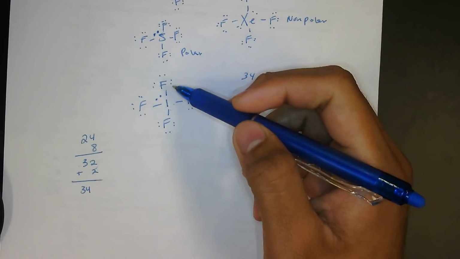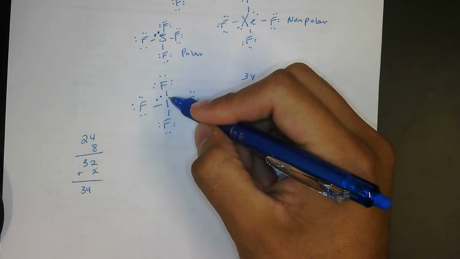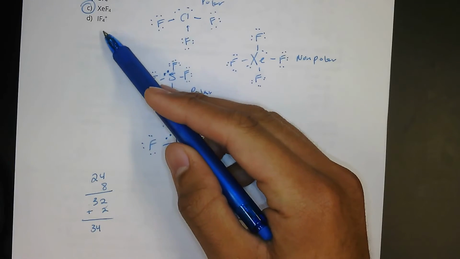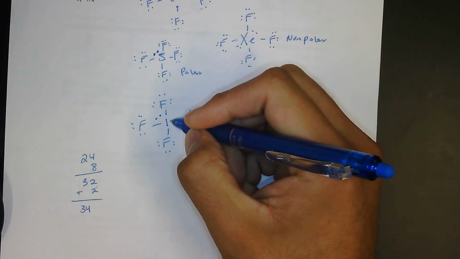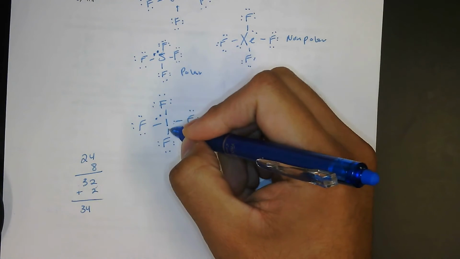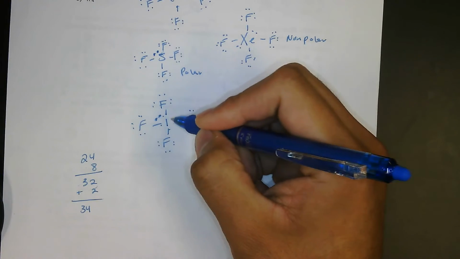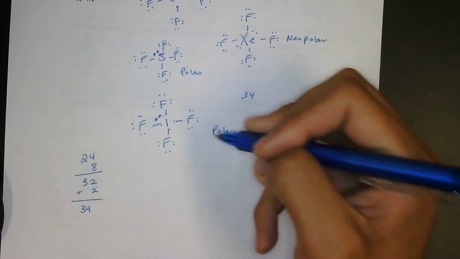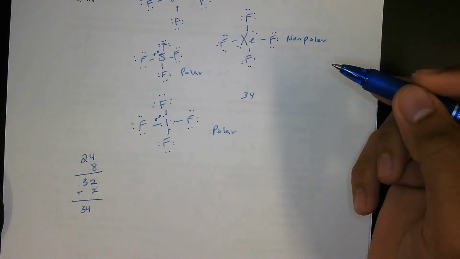But iodine is supposed to have 7, and instead of worrying about it having 7 valence electrons around it, we can take that plus sign and just assign that charge to iodine. We can assume that it's the one that's going to lose the electrons, so we have 1, 2, 3, 4, 5, and 6 instead of 7. We give it this lone pair, which is what makes the whole molecule polar, because there's no other lone pair to balance this out.